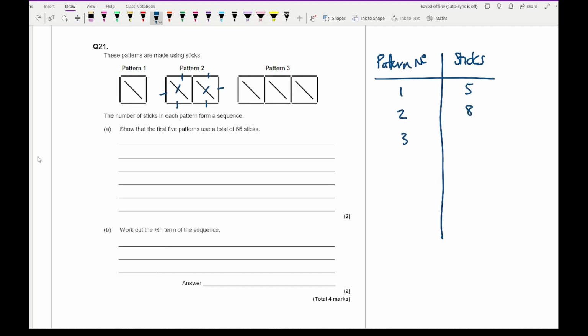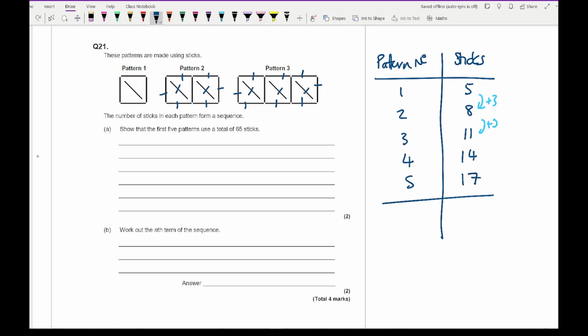For pattern 3, I'm using 1, 2, 3, 4, 5, 6, 7, 8, 9, 10, 11. So you can see that the patterns are going up by 3. So pattern 4 is going to have 14 and pattern 5 is going to have 17.